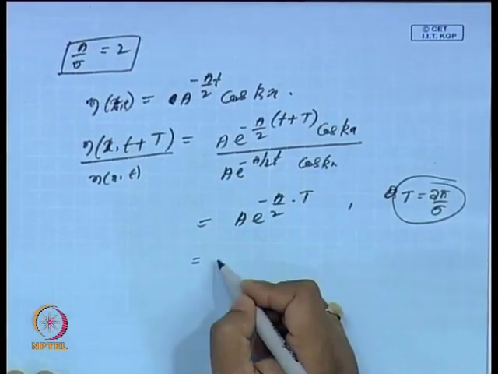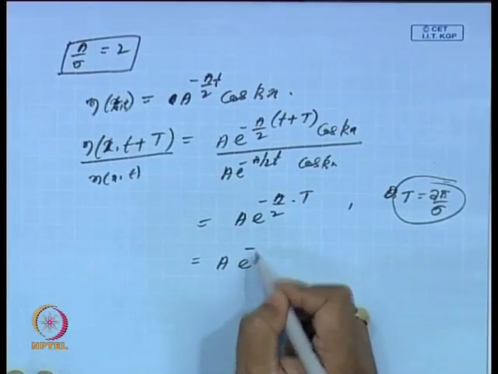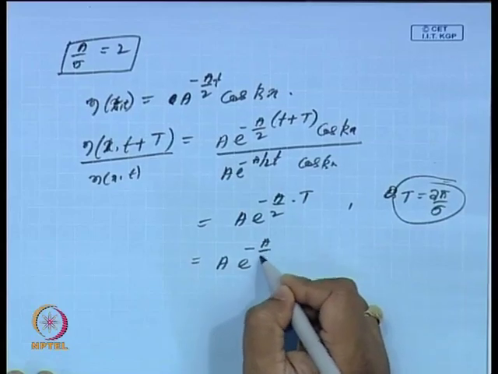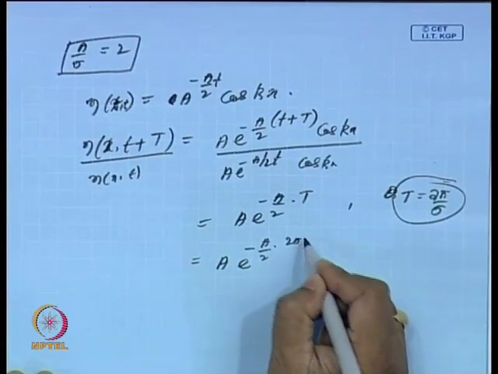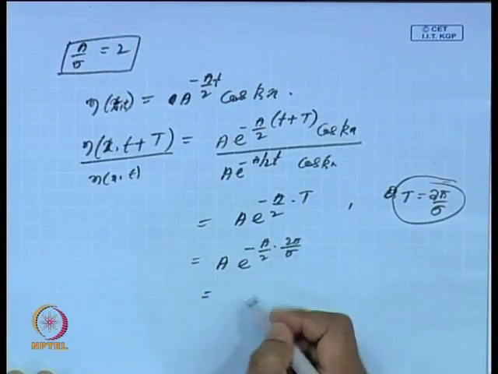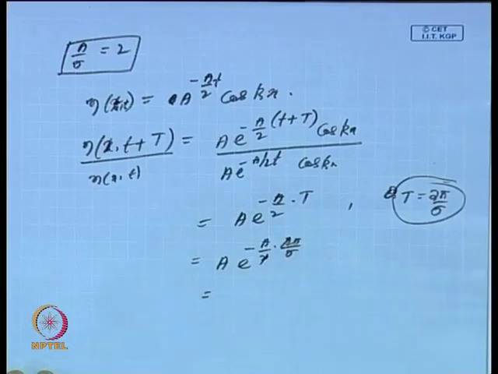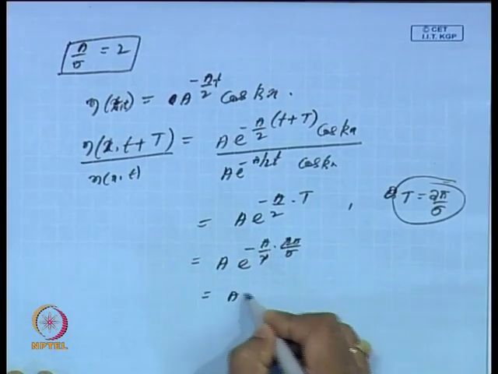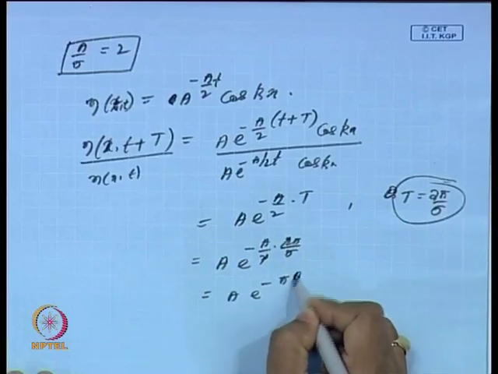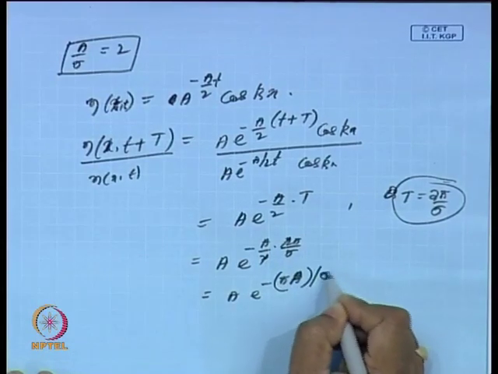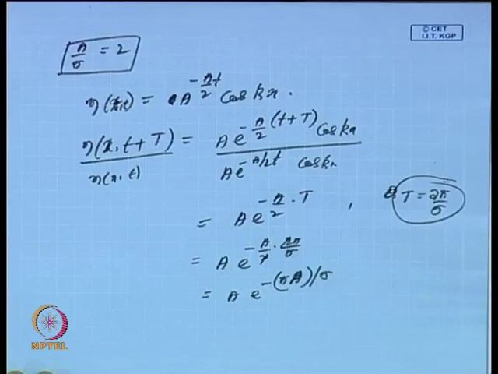So that will give me e to the minus pi a/sigma.